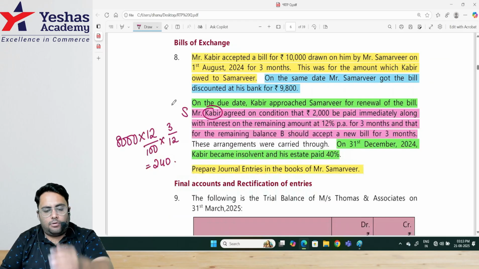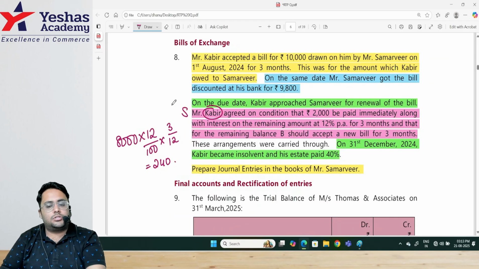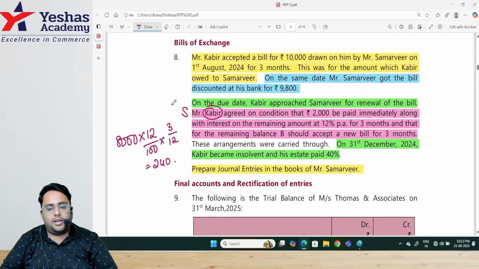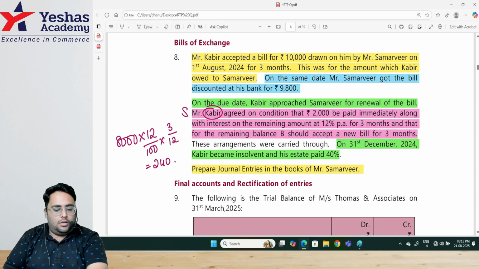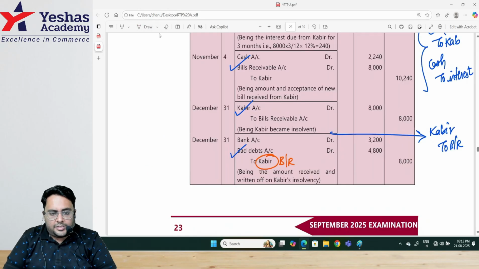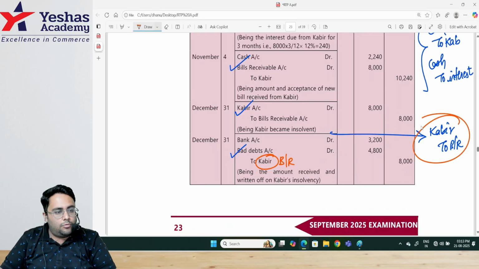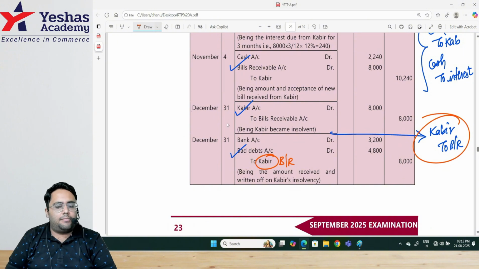Okay, in this question, I do understand there was some confusion. It was not Kabir who agreed, it was Samarveer who agreed. Last entry, what sir? First we will record dishonor, Kabir to BR, then you record bank debit, bad debt debit to Kabir. Oh, okay.